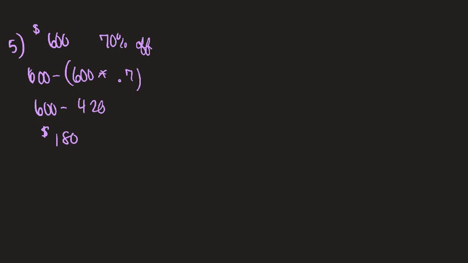Sales tax questions. So, number 6 is going to be $22, 7% tax. It's the same procedure as this, except the minus sign will change to a plus sign. Otherwise, this is exactly the same question.